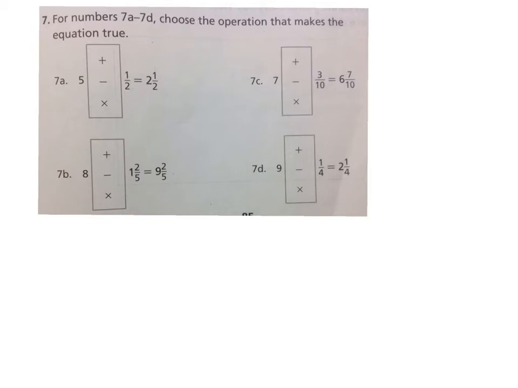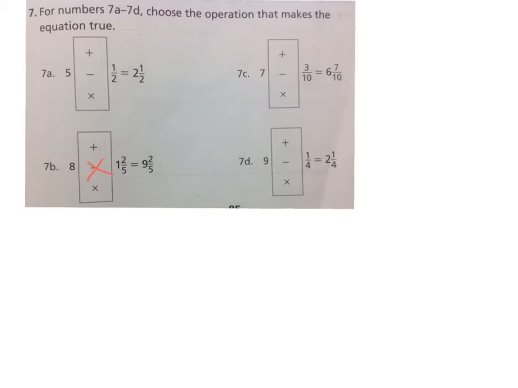Now 7b. We're going to try to work this problem out, and we're going to first look at the answer, and I'm noticing that it's larger than our whole number. So I know that we can cross out subtraction. Now we are going to work the first operation, which is addition.